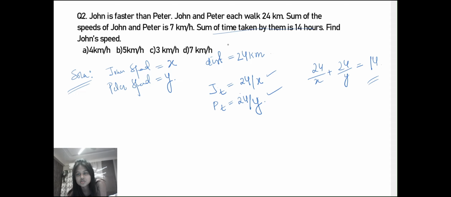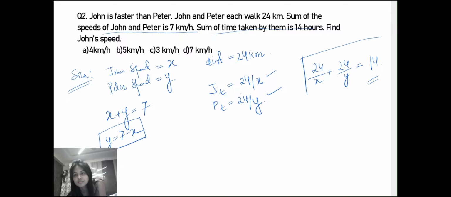We have this information. Now it was also given to us that the sum of the speeds of John and Peter is 7 km per hour. This implies x plus y equals 7, that is y equals 7 minus x. So we have this and we have this, right?